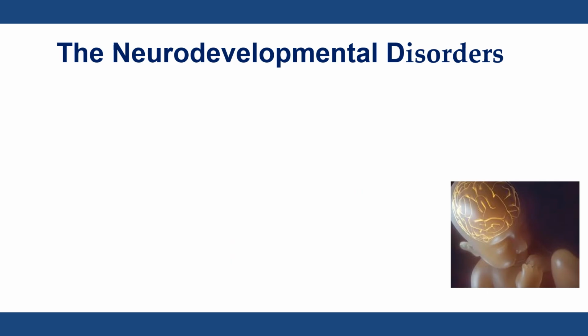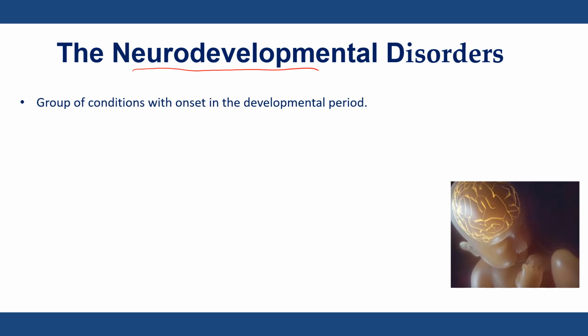Now, the term neurodevelopmental disorder tells us that the onset of these disorders is going to be in the early developmental period, during the early stages. The presentation is going to be during early childhood or early adolescence.